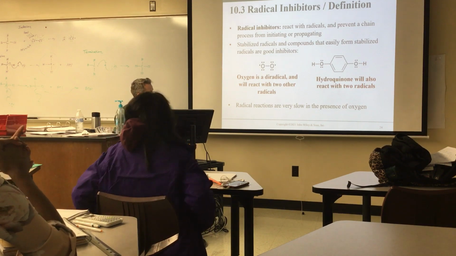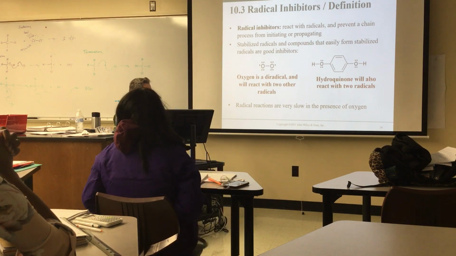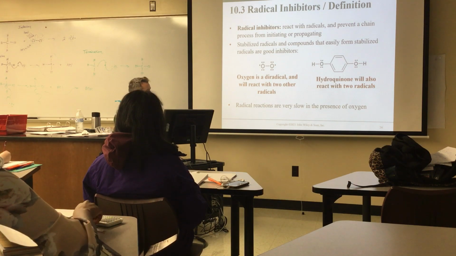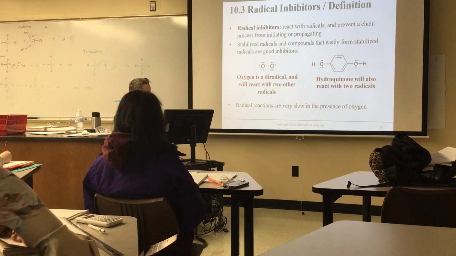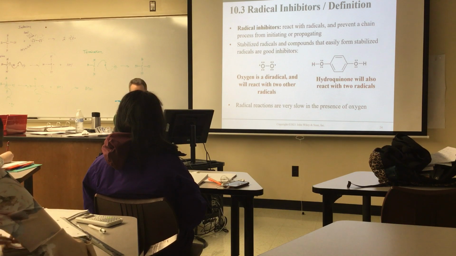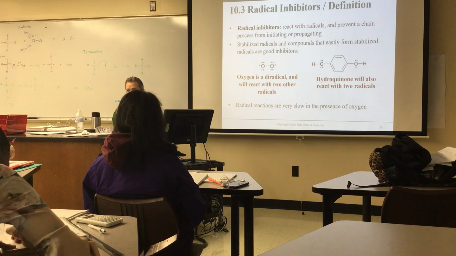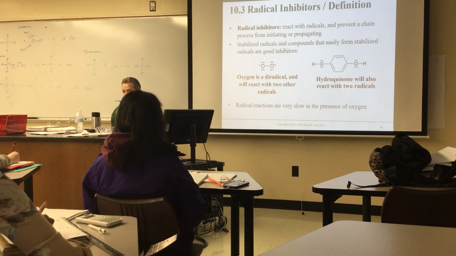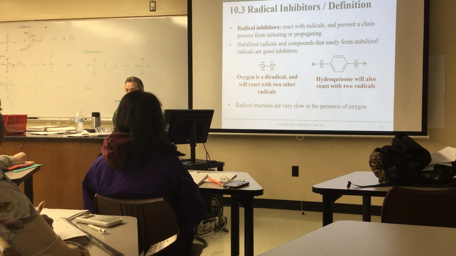Okay. So oxygen being a diradical, hydroquinone will turn into quinone. That's actually a colorful reaction. When you form quinone, it's a kind of royal blue color, due to hyperconjugation. I've actually formed it before accidentally.